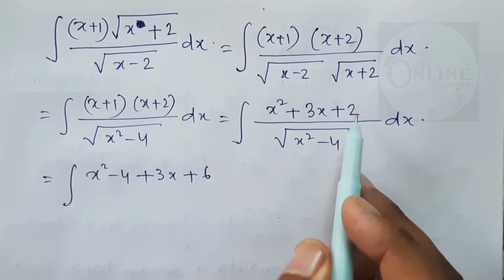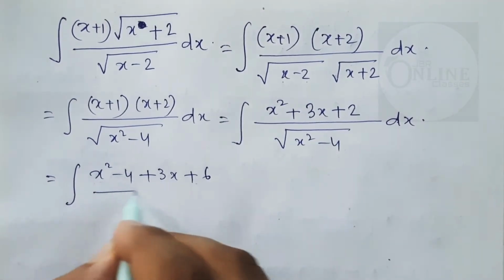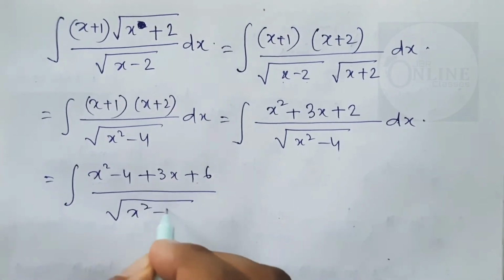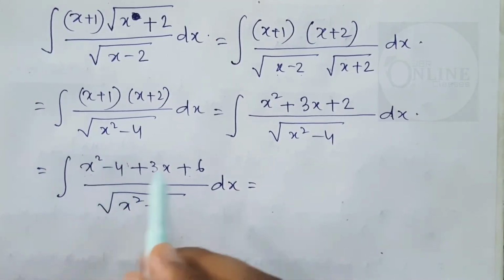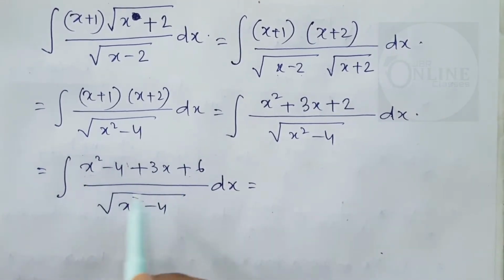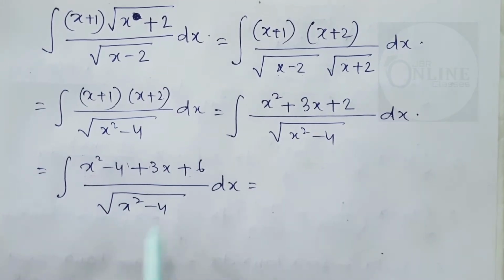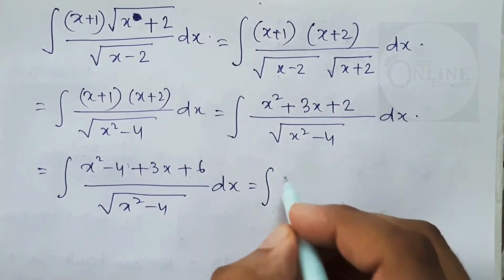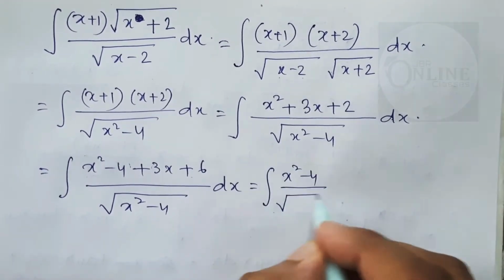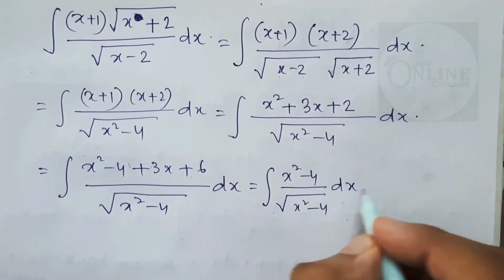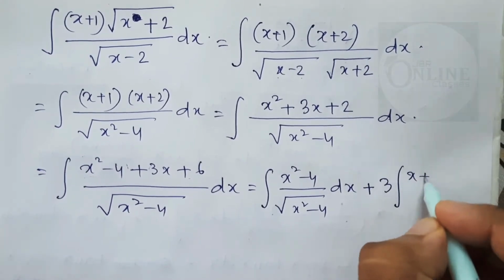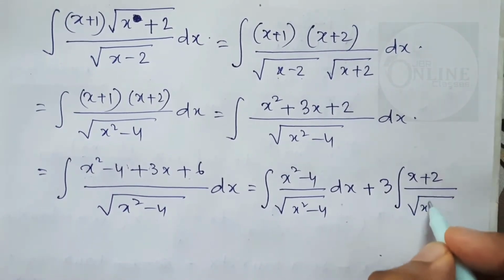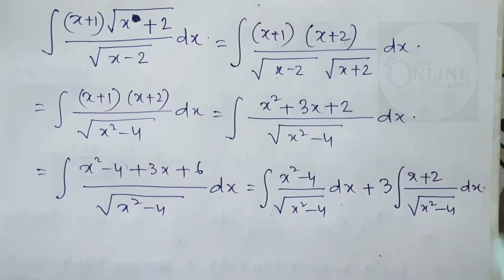I am just writing 2 as 6 minus 4. Why I am writing that, you can see in a while. Now this is one term and this is another term, and I am just distributing the denominator into each of these terms. So we get the integration of (x square minus 4) over root over x square minus 4 dx, plus, taking 3 out, 3 times (x plus 2) over root over x square minus 4 dx.